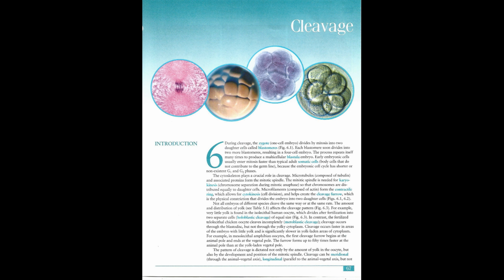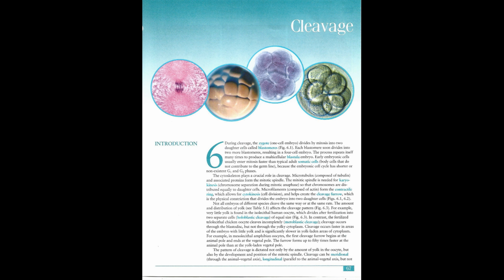The mitotic spindle is needed for karyokinesis, chromosome separation during mitotic anaphase, so that chromosomes are distributed equally to daughter cells. Microfilaments, composed of actin, form the contractile ring, which allows for cytokinesis, cell division, and helps create the cleavage furrow, which is the physical constriction that divides the embryo into 2 daughter cells, Fig 6.1, 6.2.